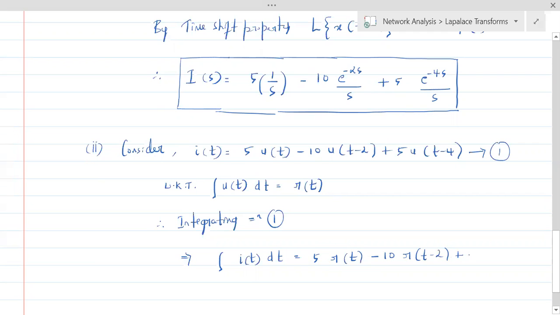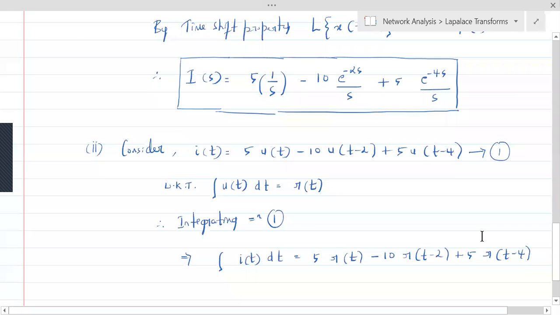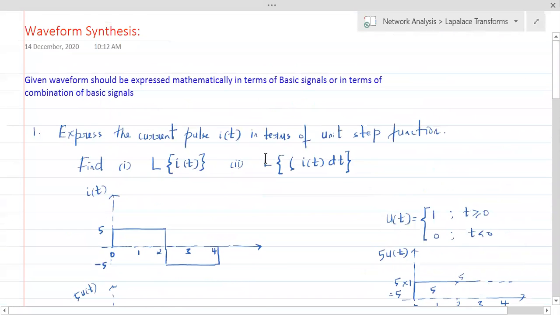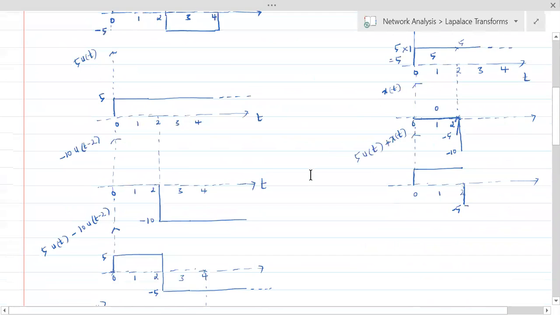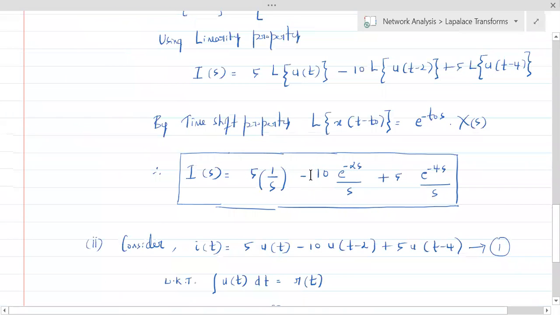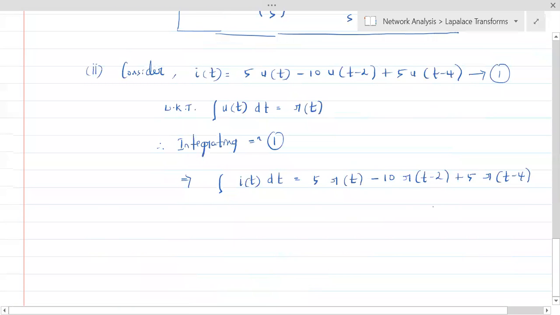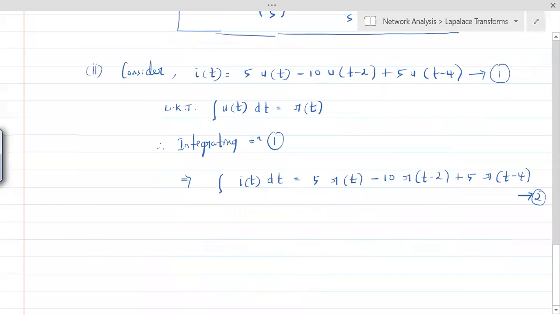Similarly, integrating u of t minus 4 gives r of t minus 4. So we got the integration. Now we need to obtain the Laplace transform of the integration of I of t. That is equation number 2.